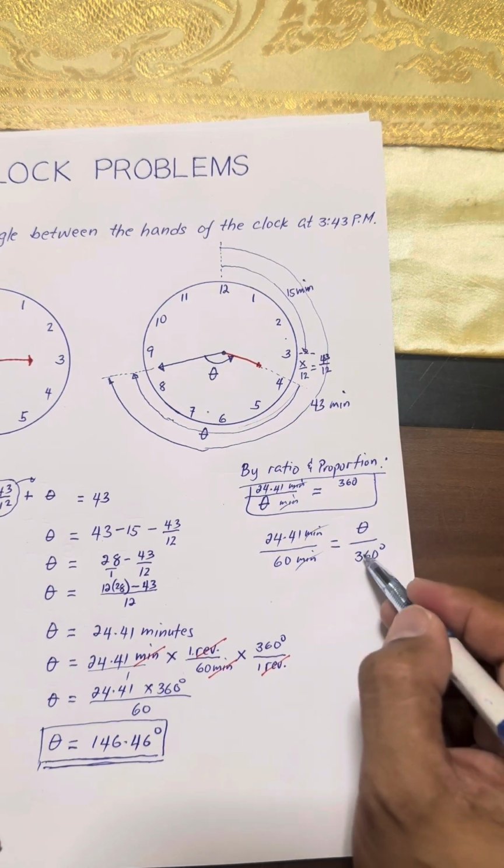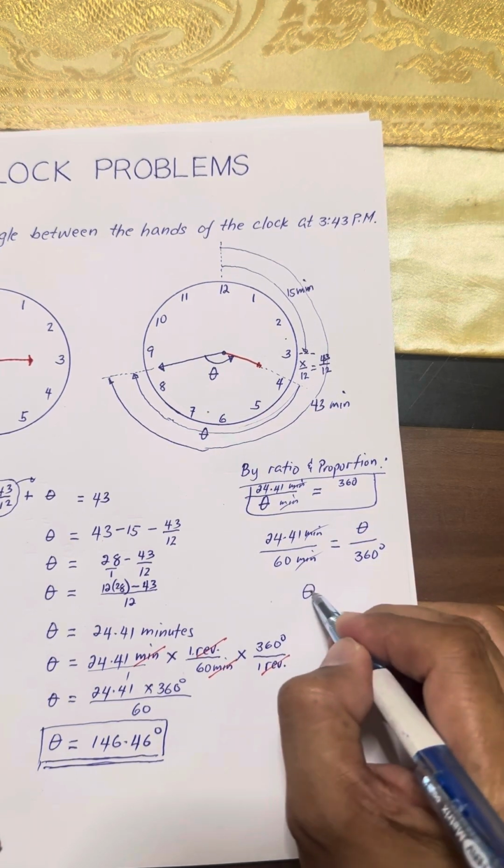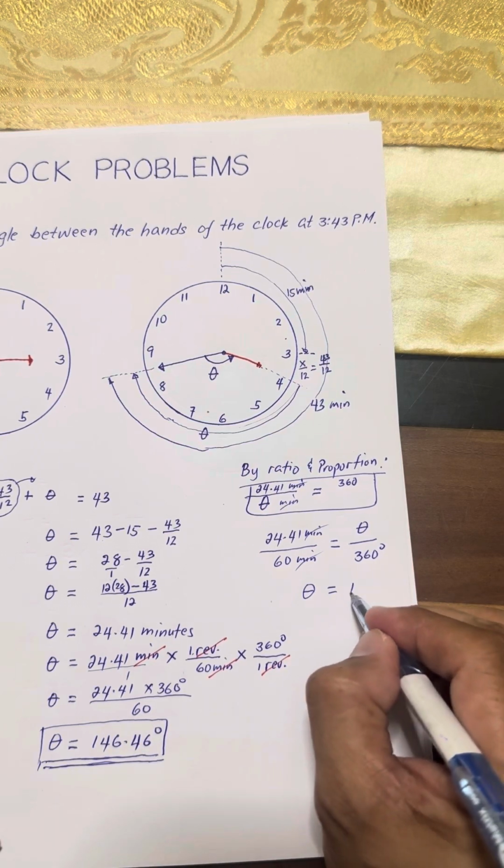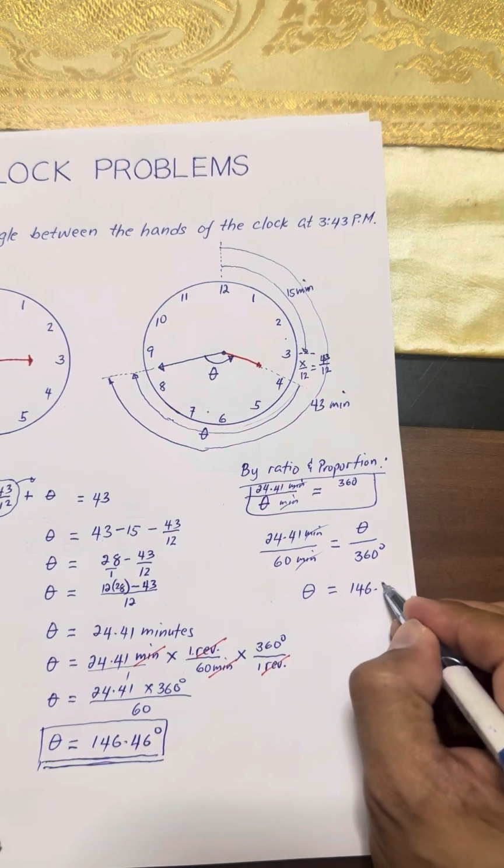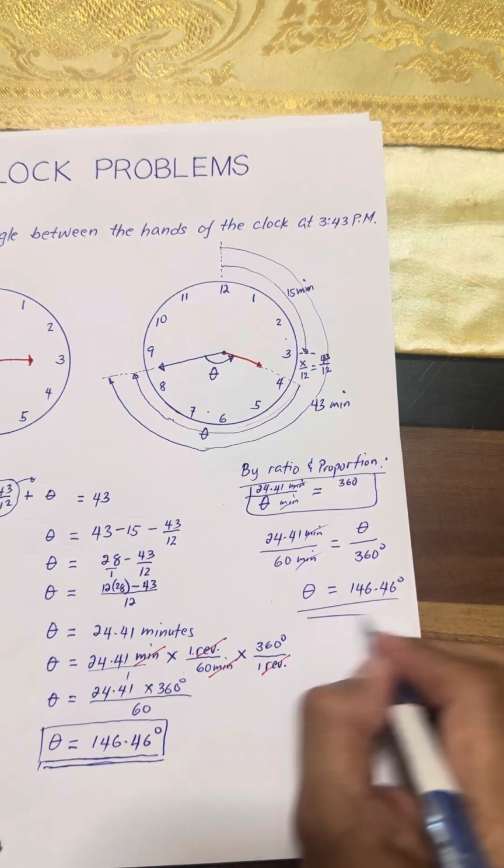So you solve algebraically, and you get the same answer, 146.46 degrees. So that is using ratio and proportion.